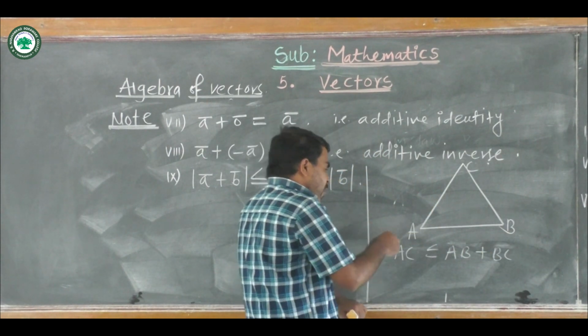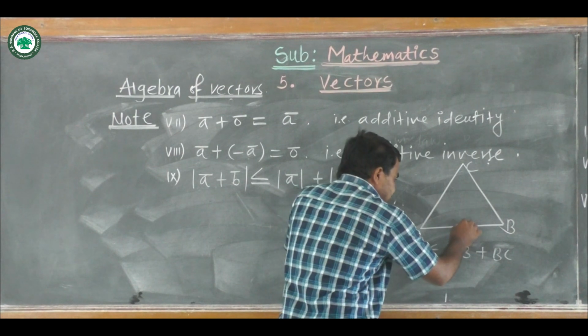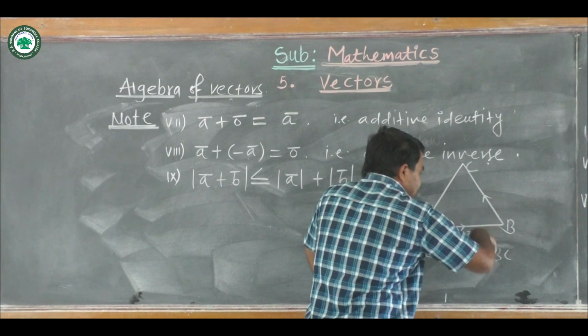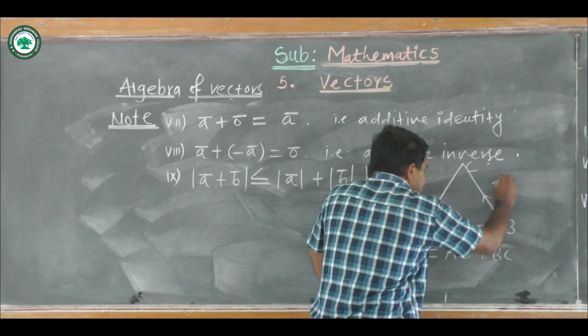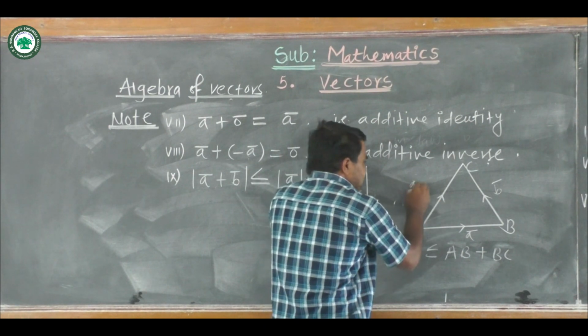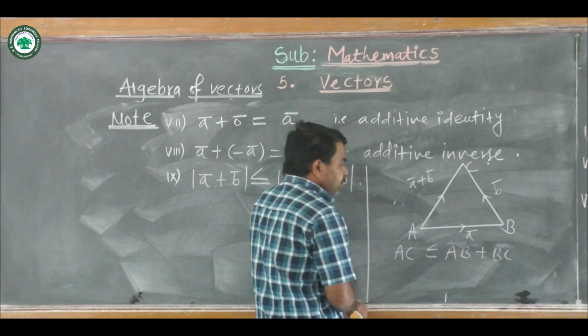Now in vector form, if we take the vector along AB bar, that is A bar, and the vector along BC bar, that is B bar, automatically by using the triangle law, the vector along AC bar is A bar plus B bar.